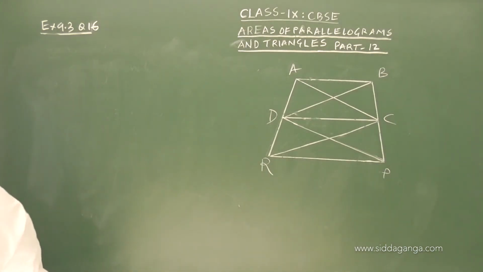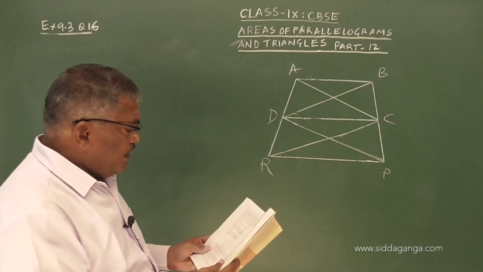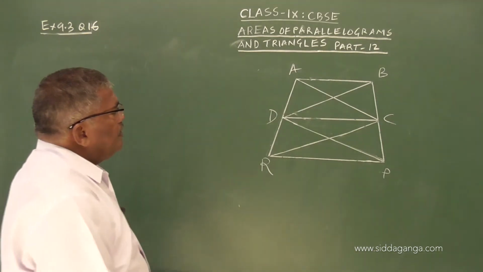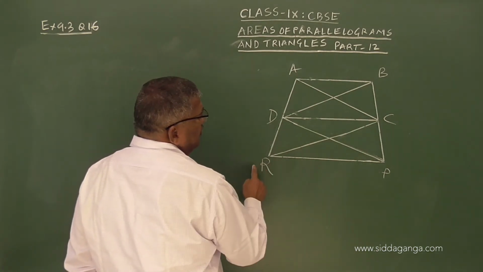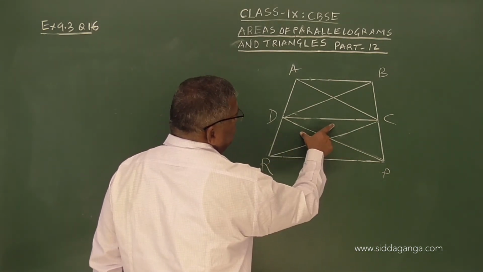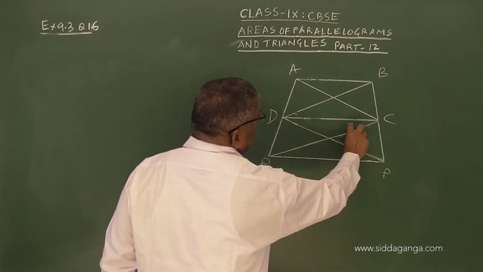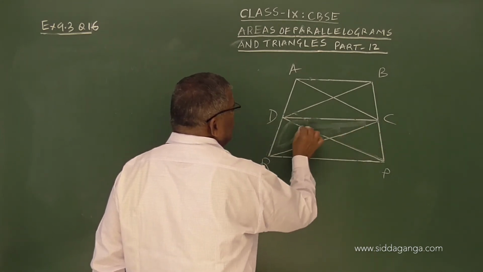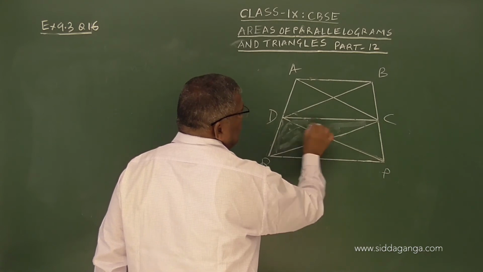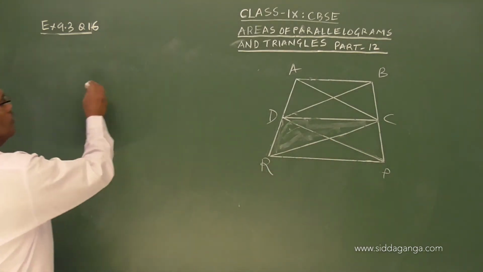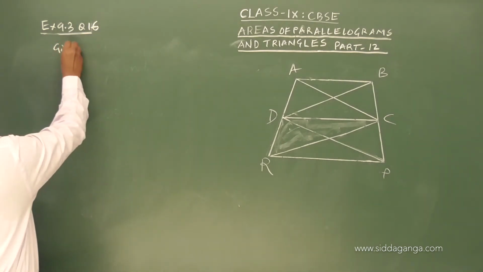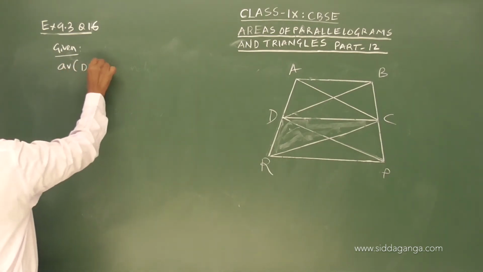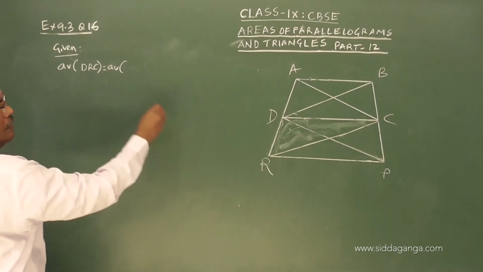Now the question is, area DRC and DPC are equal. Observe here, DRC, this area, DPC, this area. So these triangles, this is one of the triangles and its counterpart. So given area DRC equals area DPC.